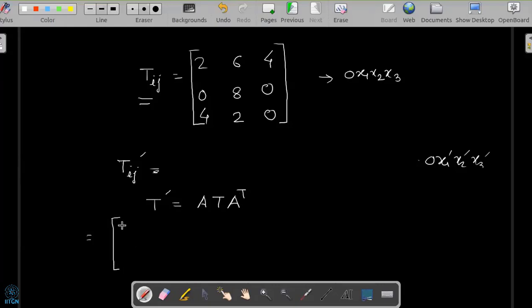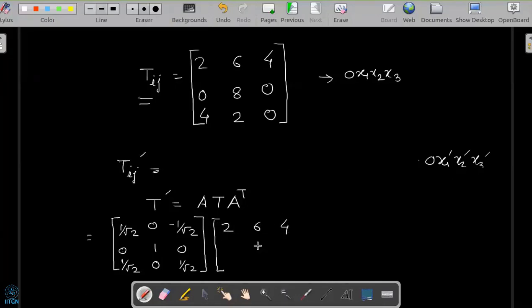Since we have this transformation matrix 1 by root 2, 0, minus 1 by root 2, 0, 1, 0, 1 by root 2, 0, 1 by root 2, we multiply with the given second order tensor 2, 6, 4, 0, 8, 0, 4, 2, 0, and then multiply with the transpose of the transformation matrix.